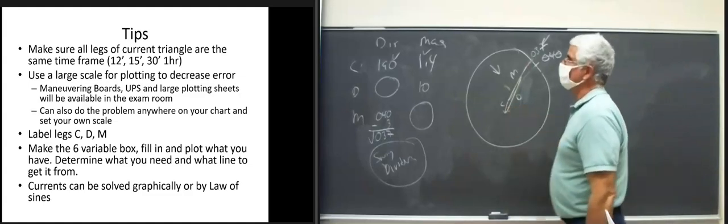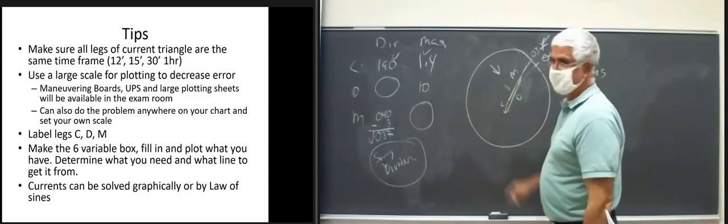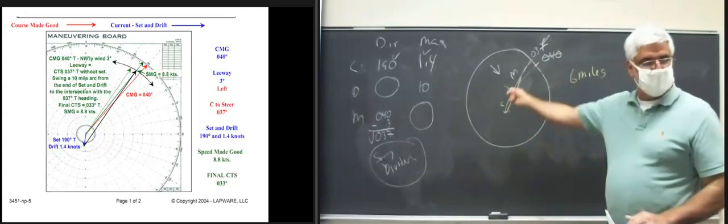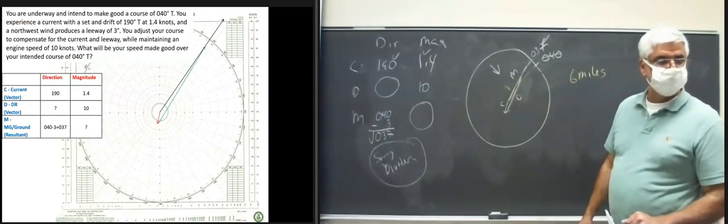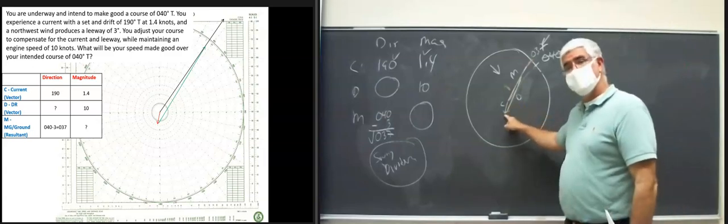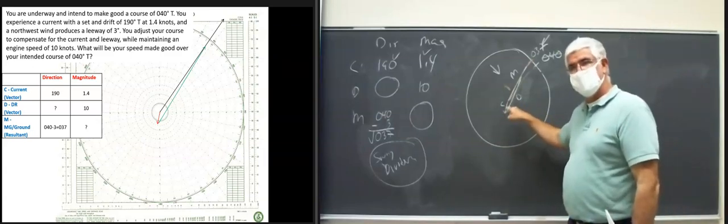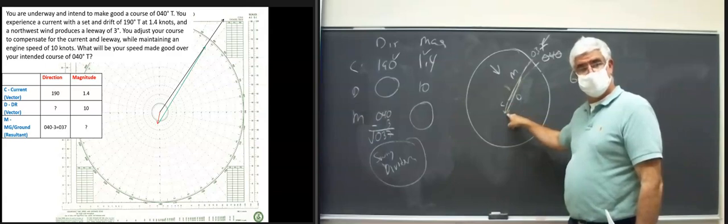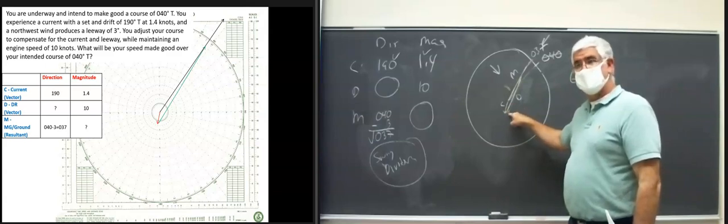Well, based on the problem, what is the time frame of this problem? I plotted the entire current, didn't I? That makes it an hour-long triangle. Because I plotted the entire current, it makes it an hour-long triangle.